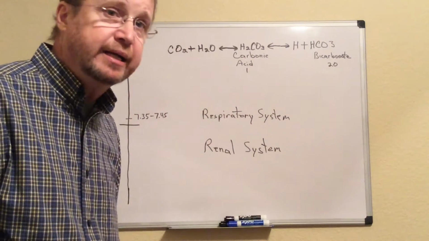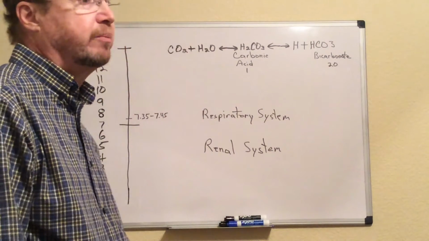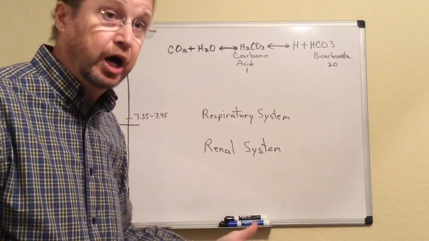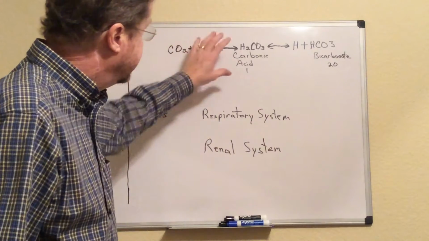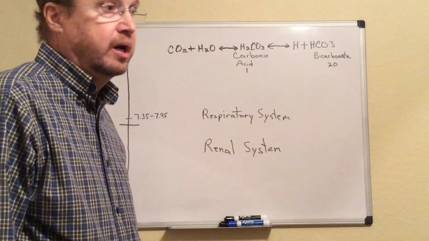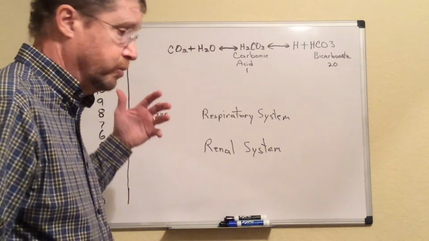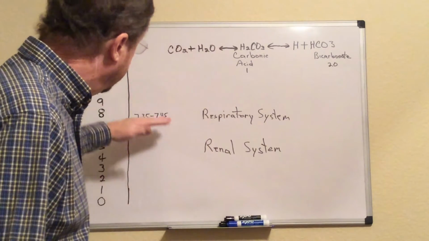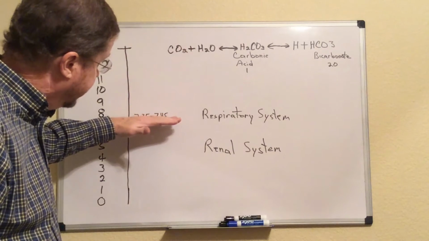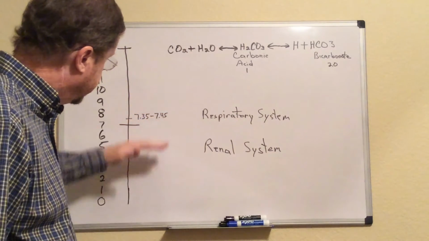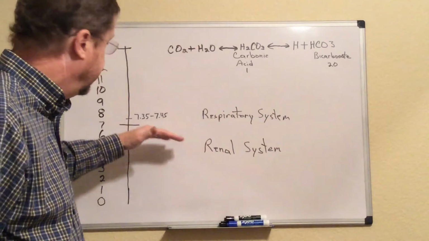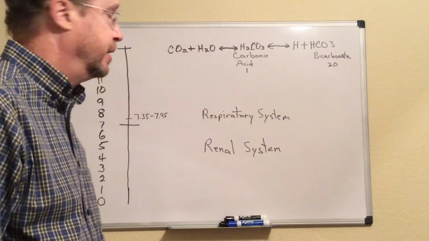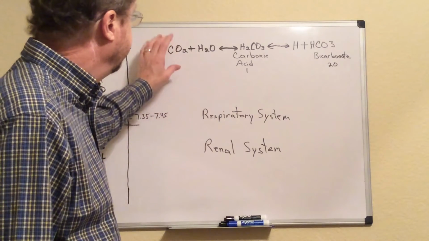As you generate more carbon dioxide in the body, your respirations speed up to eliminate excess CO2. As you vigorously exercise, for instance, and produce more CO2, that would begin to push you down on the pH scale, because the more acidic you become, the lower your number becomes on the pH scale.